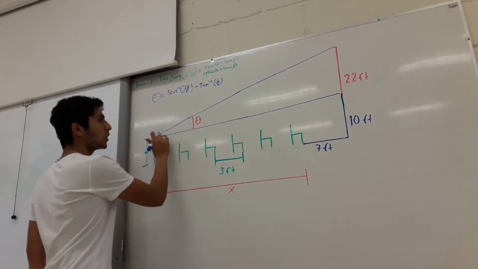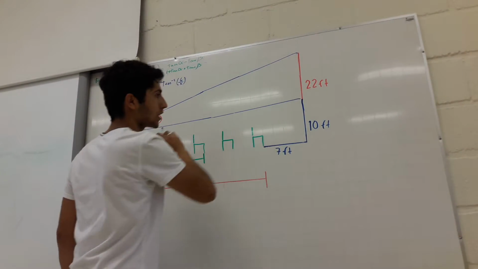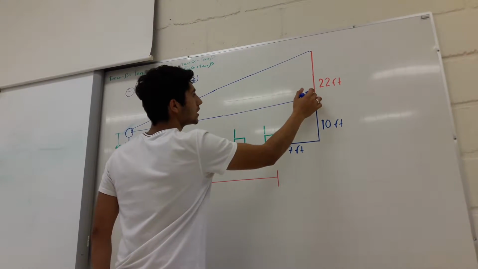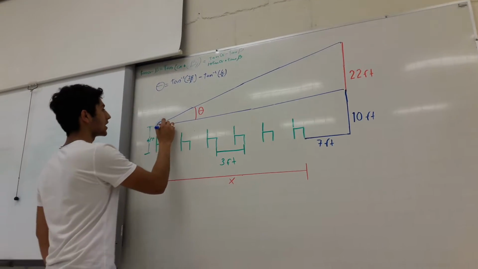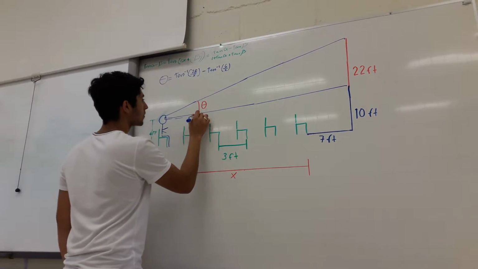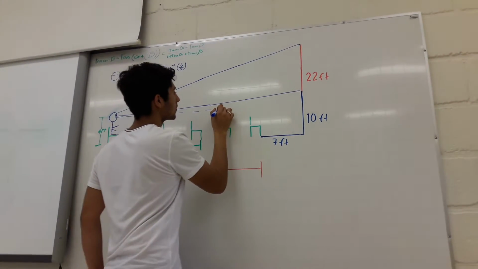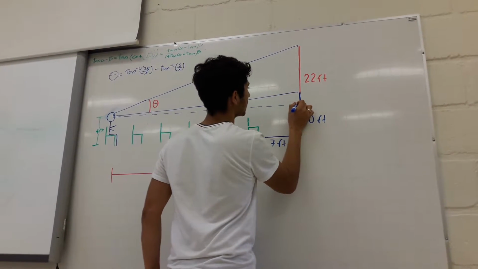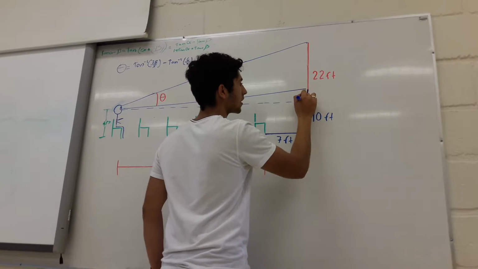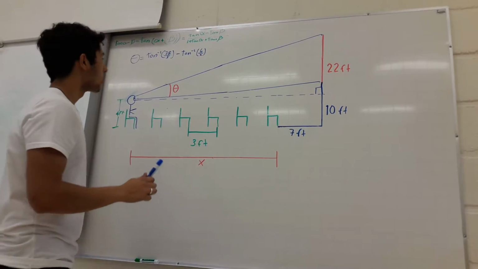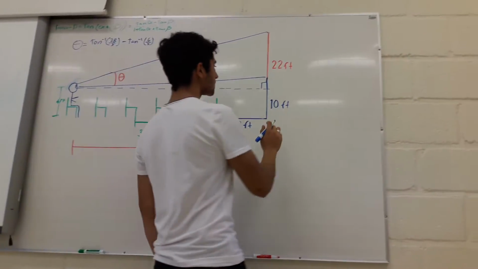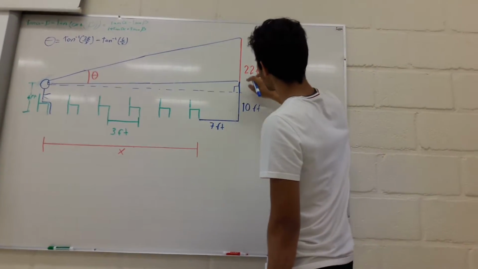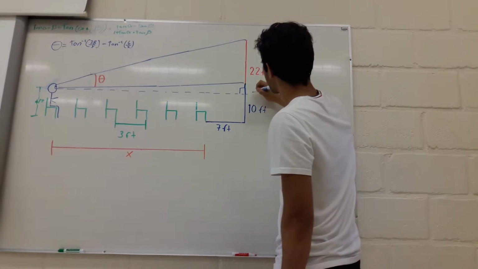Okay? We know that this is not a straight line, and we don't know the value of this angle. But we know that we can create a straight line here. Okay? Now, we're sure that these are 4 feet. So, from here to here, there are 10 feet.